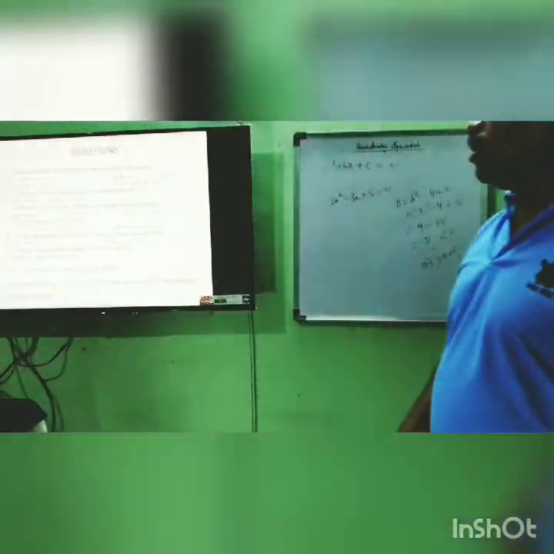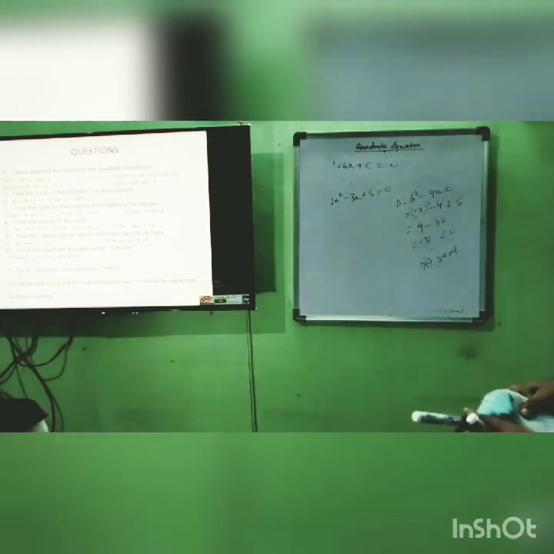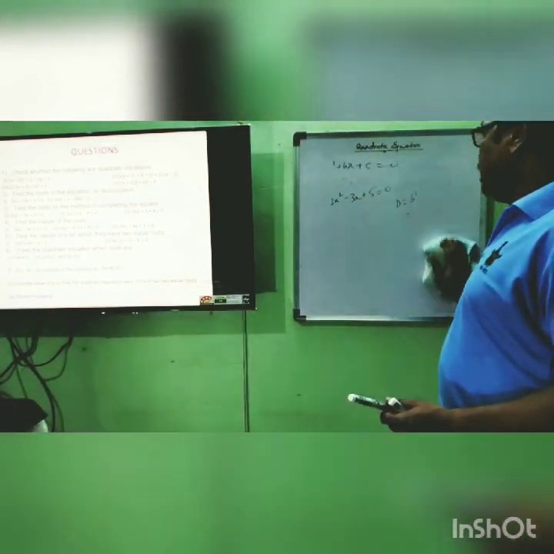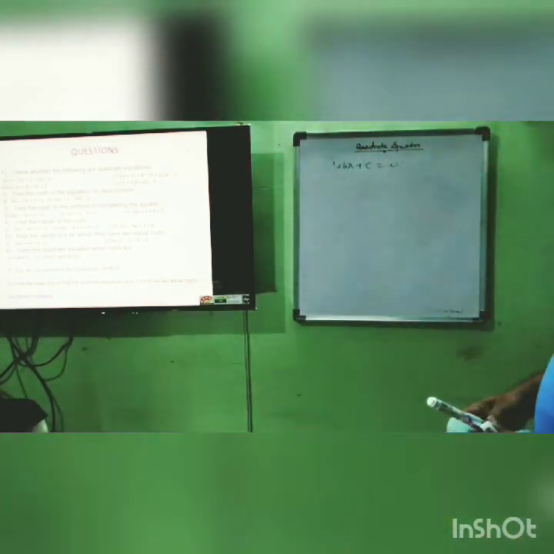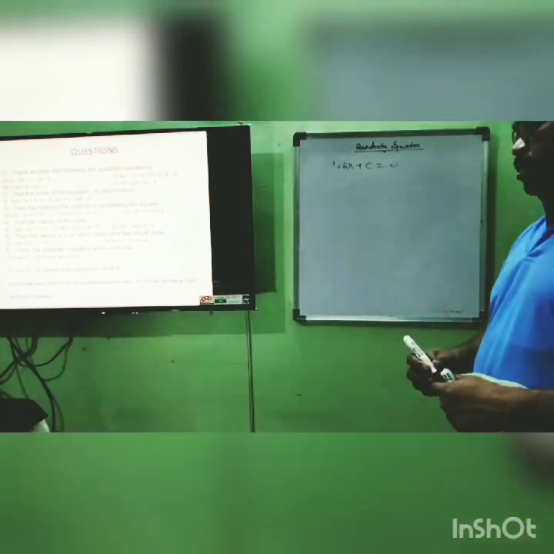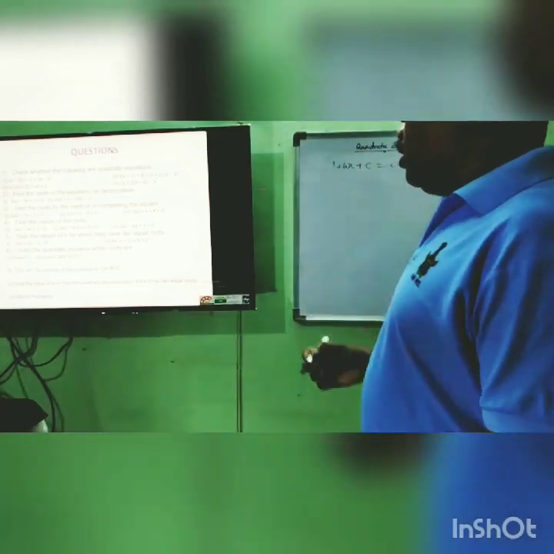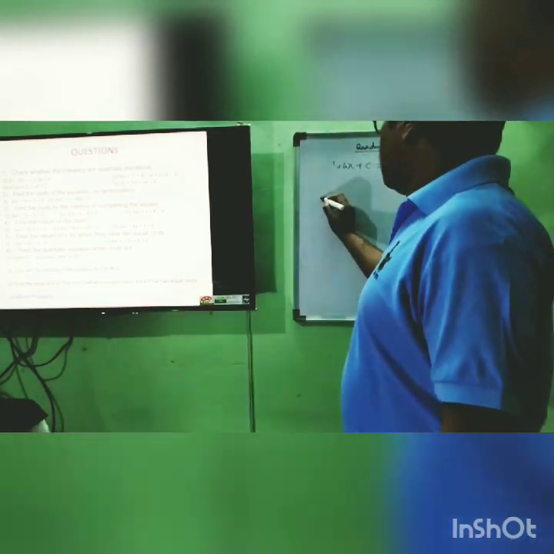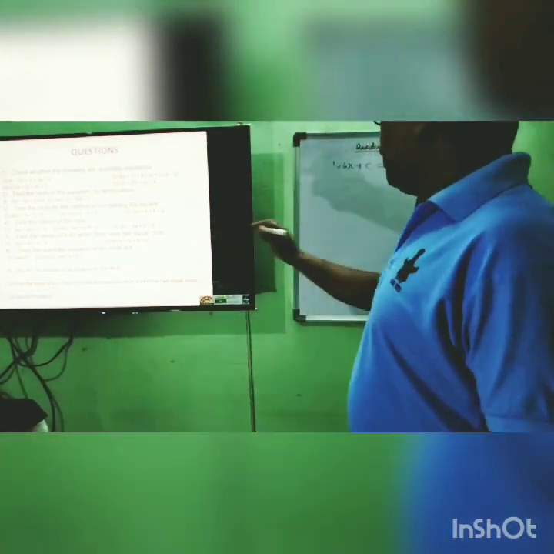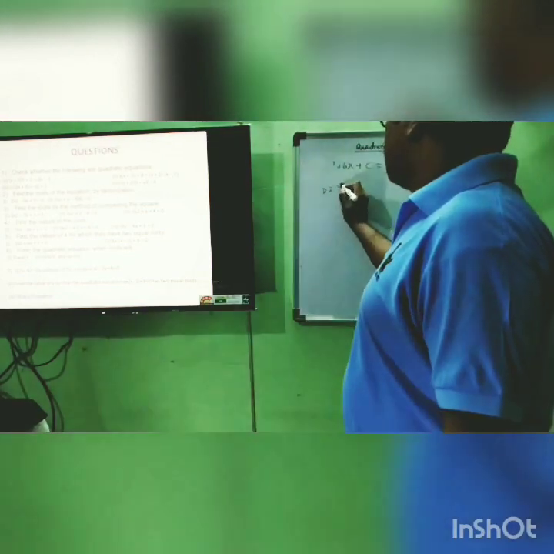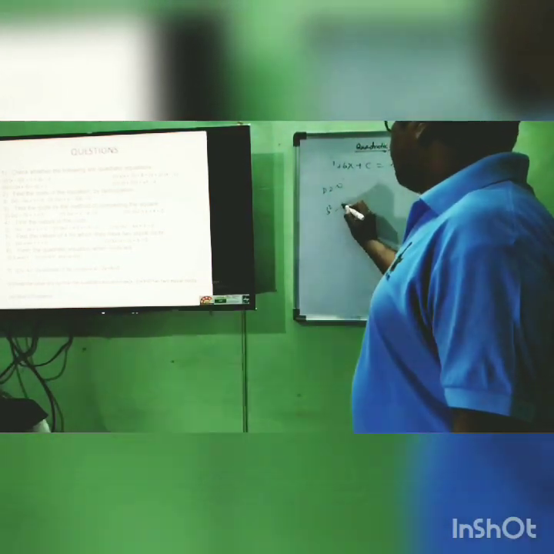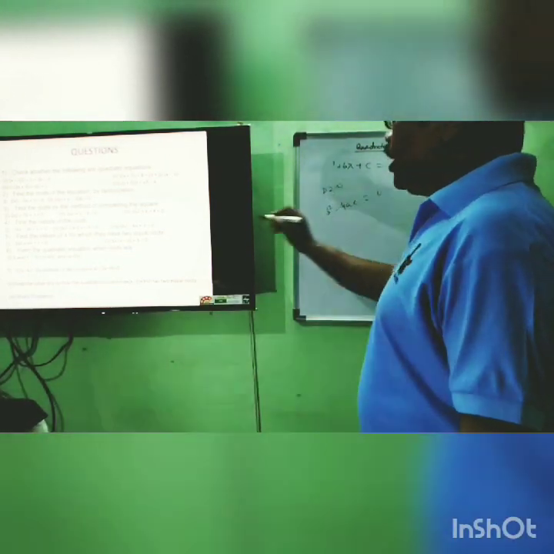Find the values of k for which the quadratic equation has two equal roots. This type of question generally comes in the exam, so you can easily find it out. Very simple: equal roots means your D has to be equal to 0, means b square minus 4ac equal to 0. What is b?